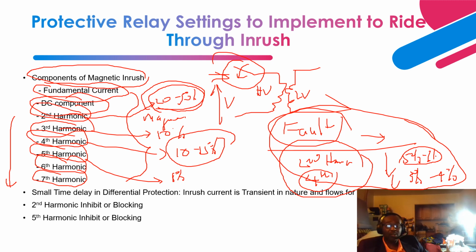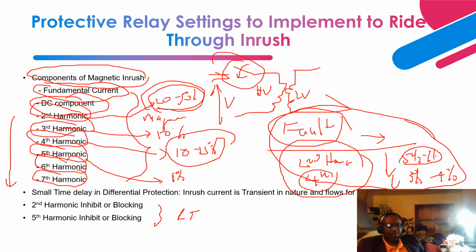That is what the relay is going to do, and that is what the relay has been programmed for. That is what they call second harmonic inhibit or blocking, or fifth harmonic inhibit or blocking. So that is a ride-through phenomenon to allow you to energize the transformer.